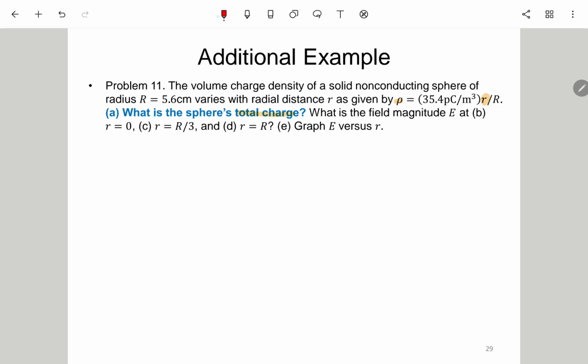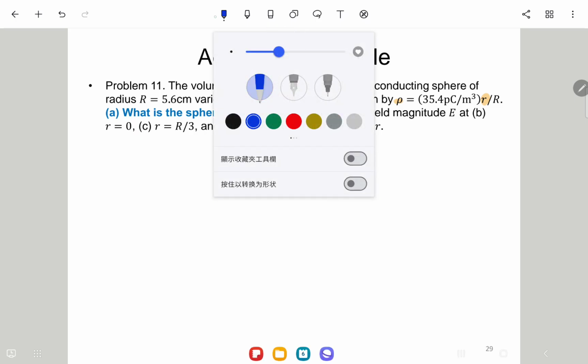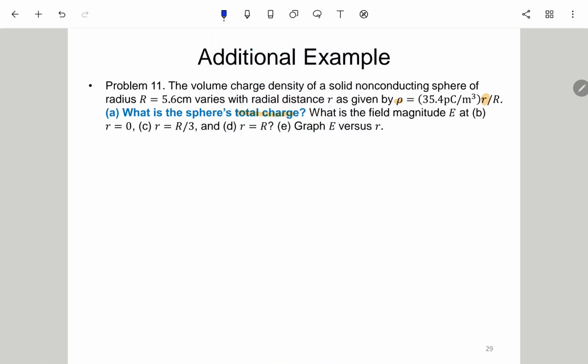So here we try to calculate the total charge first. The total charge will be a triple integral over the sphere of rho times dV. Rho is the volume charge density.